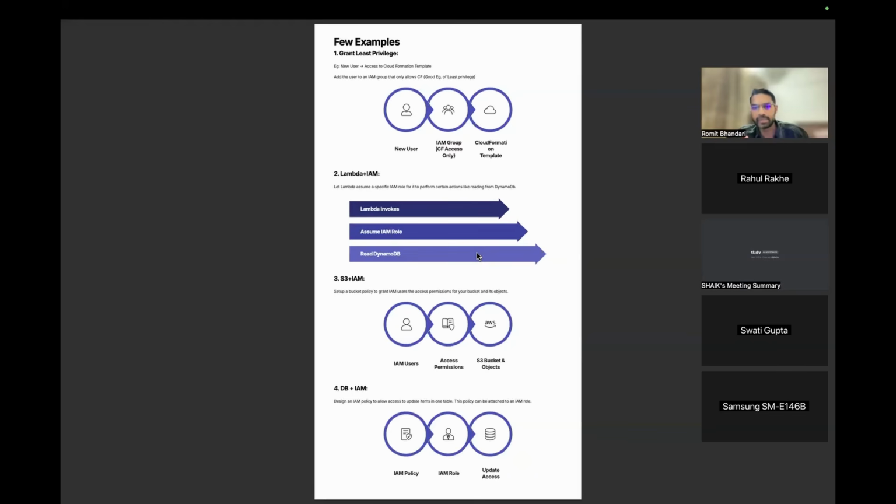Now what would happen is, let's say you have an IAM user, and that user is trying to access S3 objects and buckets. So that user needs to have access permissions for it to access that bucket. So that's how it would be able to access S3.